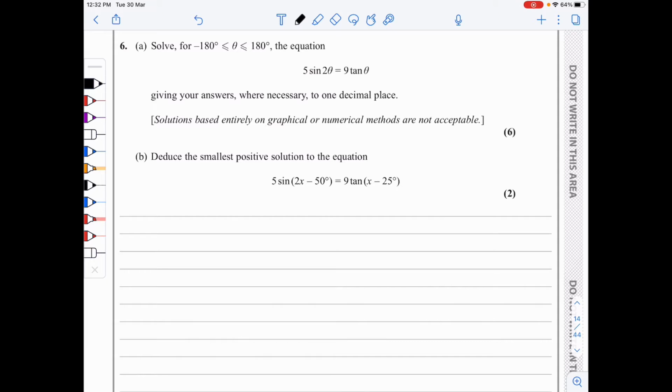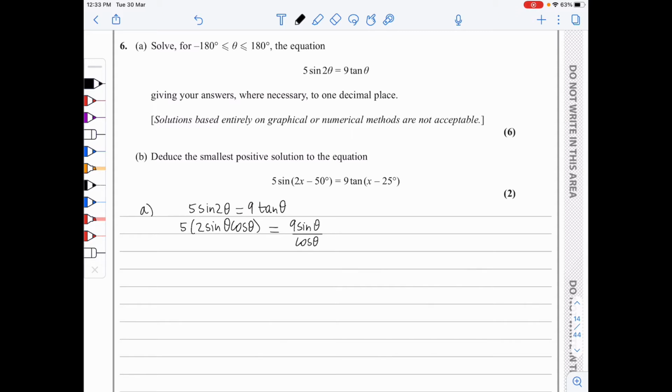In question 6, it's a trigonometry question. We need to solve this equation, which is given in degrees. So we've got that 5 sine 2 theta is 9 tan theta. We can start off by writing sine 2 theta as 2 sine theta cos theta, and 9 tan theta as 9 sine theta over cos theta.